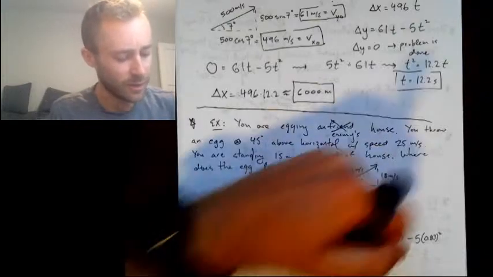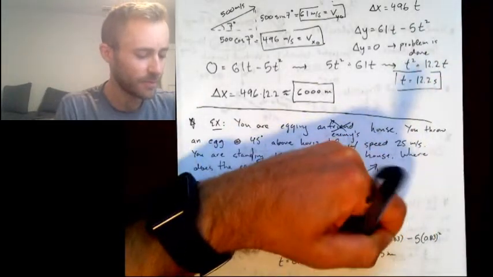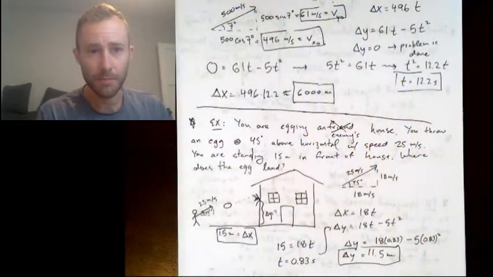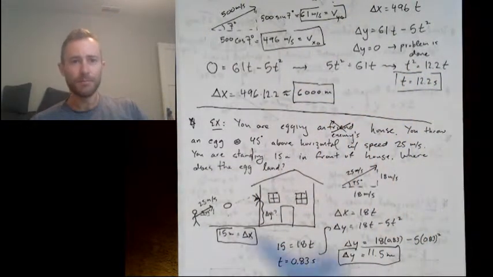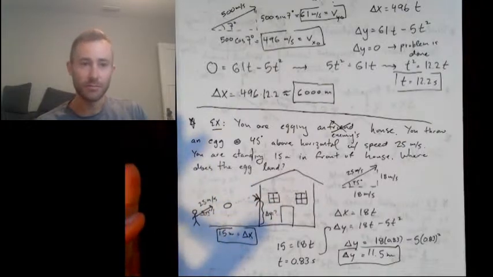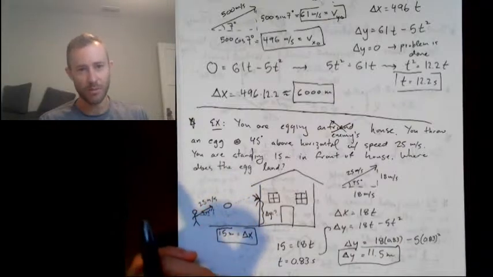And we get that it is going to land 11.5 meters up on the house. Okay, so let's suppose that the house is less than 11.5 meters tall. Then that means that the egg went over the top of the house.